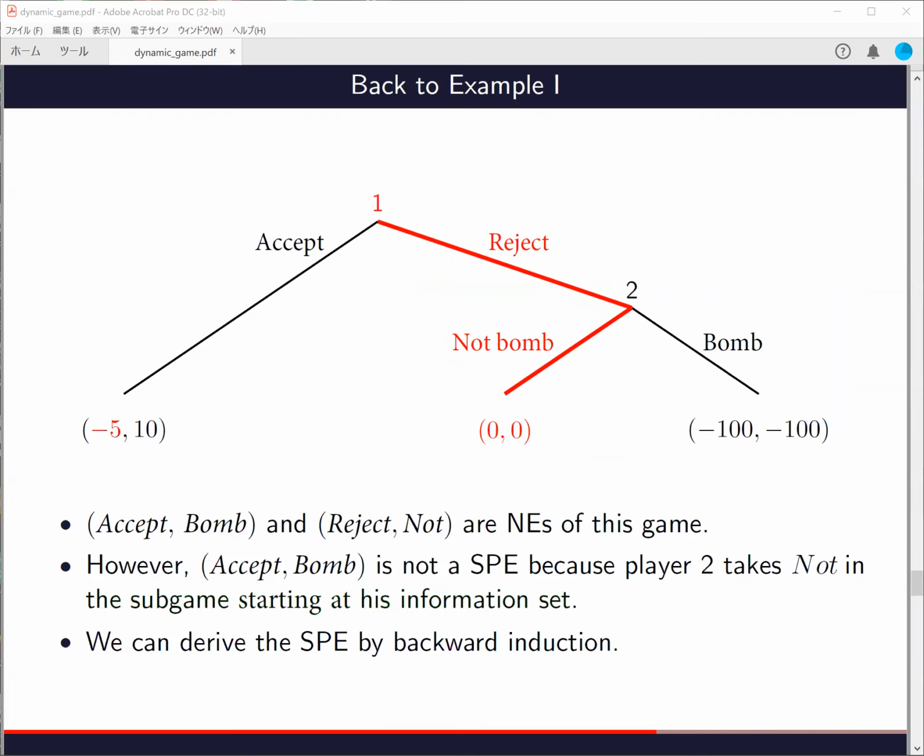You can easily see this if you apply backward induction. Given player 2's strategy, player 1 never accepts player 2's demand, since player 1 knows that player 2 will not blow up the bank in the end.